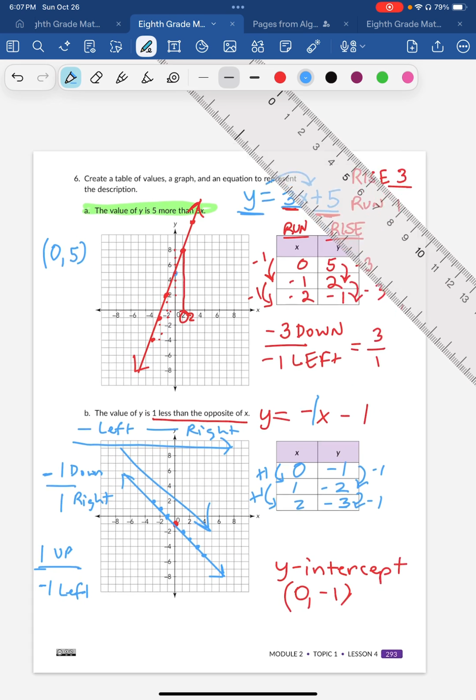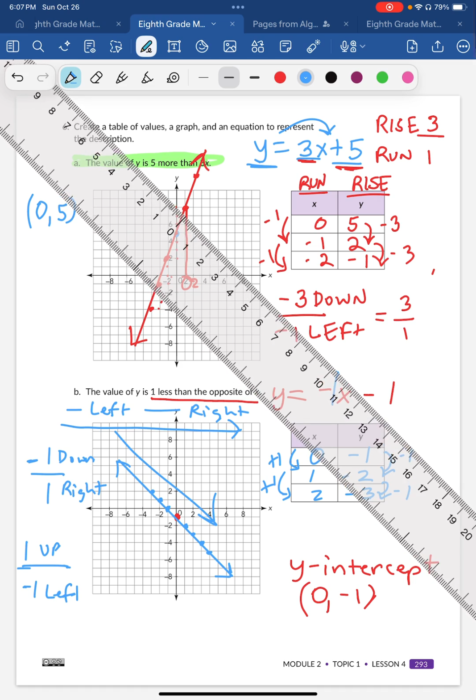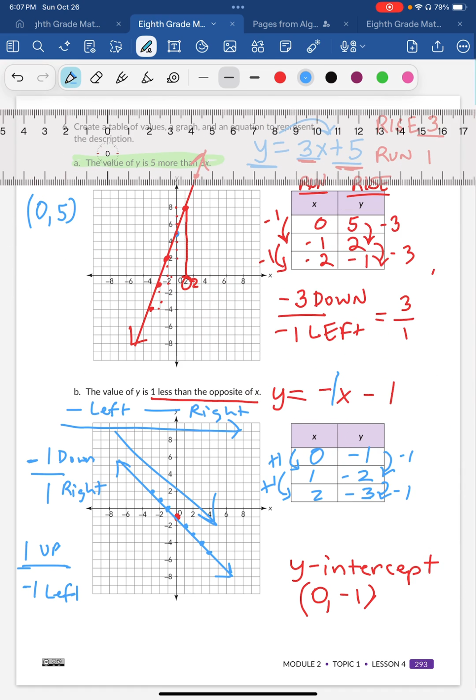Okay? If that doesn't make sense, talk to me about it. Watch this again. One thing that I really want you to remember that will help you with this is that going left and down is the negative direction.